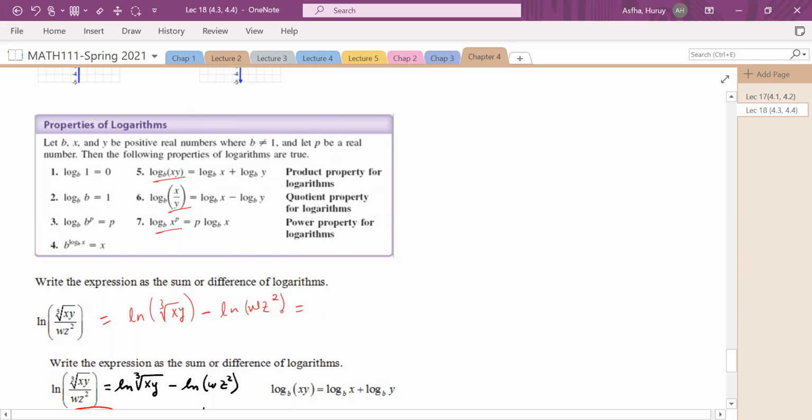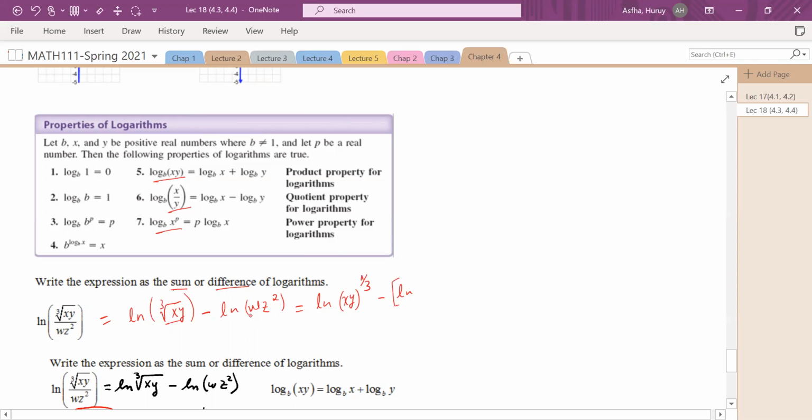And we can further write this one, because this is a difference of logarithms, using the power property. First, let me write it this way: ln xy to the power of 1/3 minus ln.